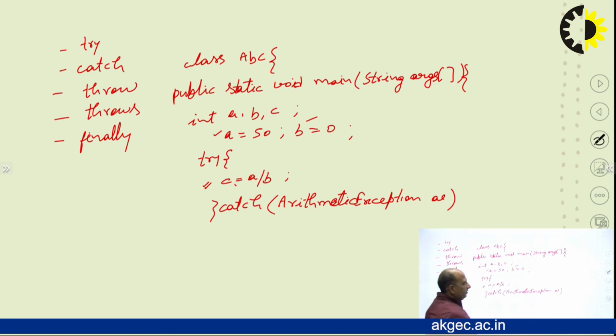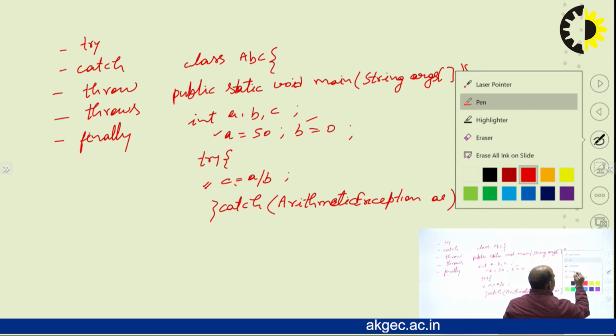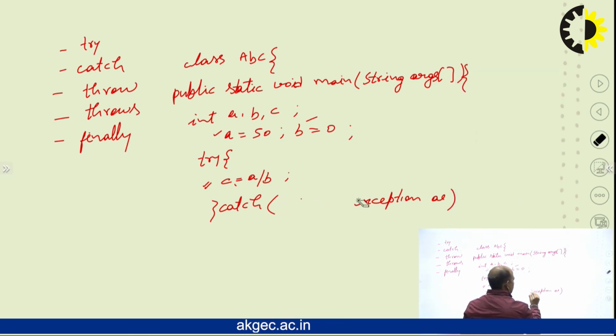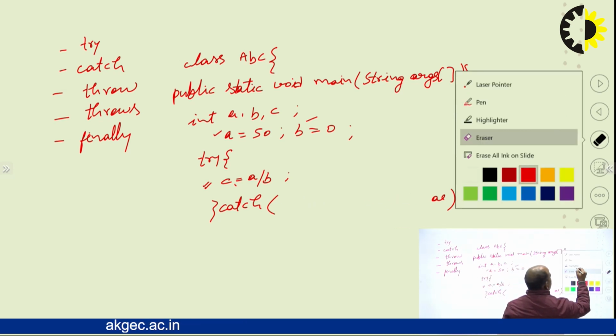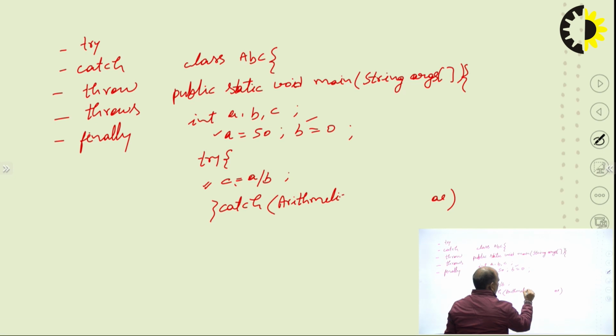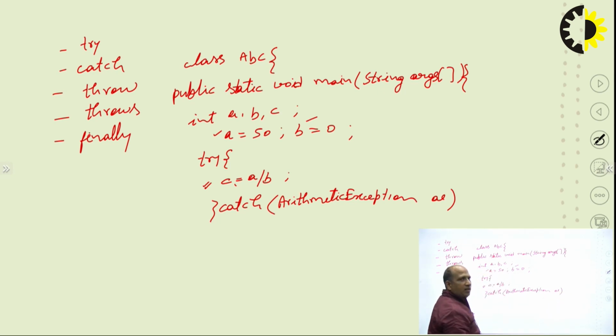I will write more clearly: you have to pass an ArithmeticException object over here, ArithmeticException e, and within this catch you may handle that situation.